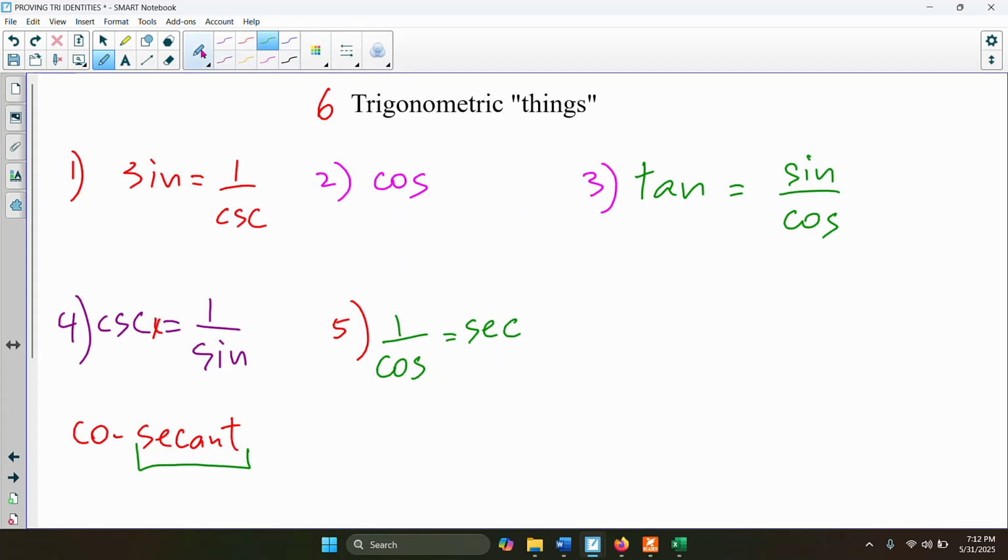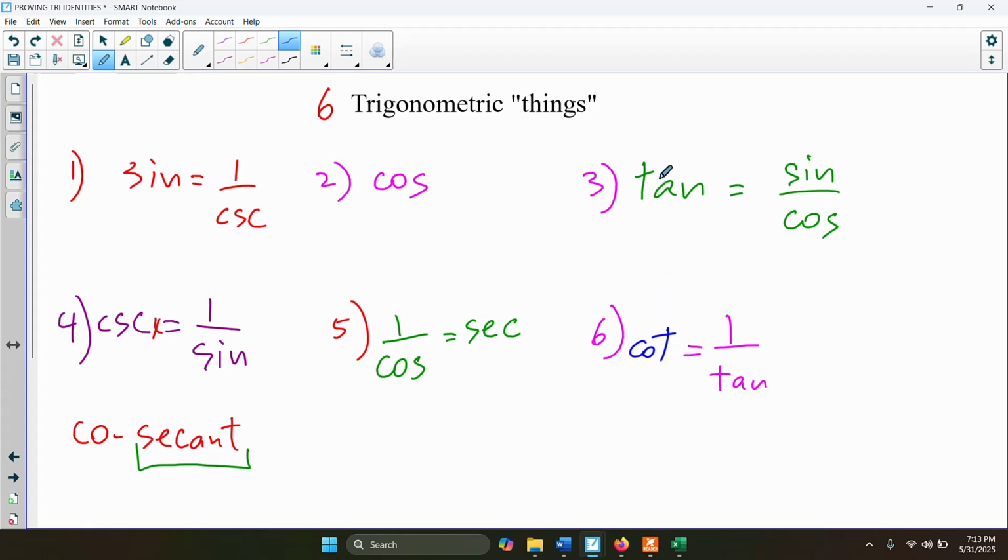And lastly, and you can obviously guess by extension, thing number six is if I take and reciprocate tangent. In other words, 1 divided by tangent of x is what is known as cotangent, abbreviated cot, C-O-T, but it's pronounced cotangent.